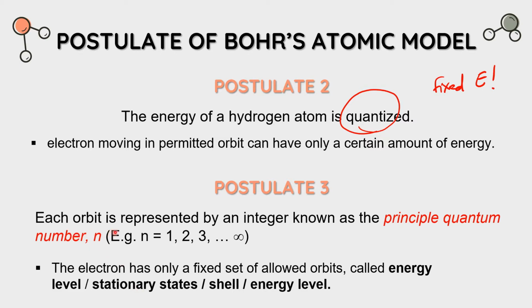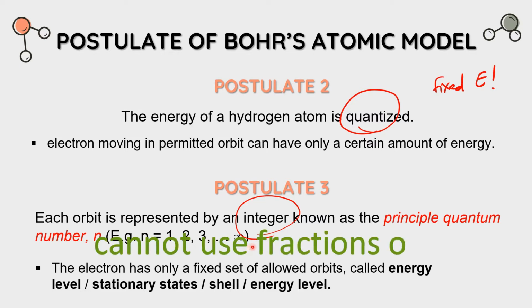Each orbit or permitted energy level is represented by an integer known as the principal quantum number. So in order to label the orbits in Bohr's atomic model, we use integer numbers, for example n1, n2, n3 until n infinity.